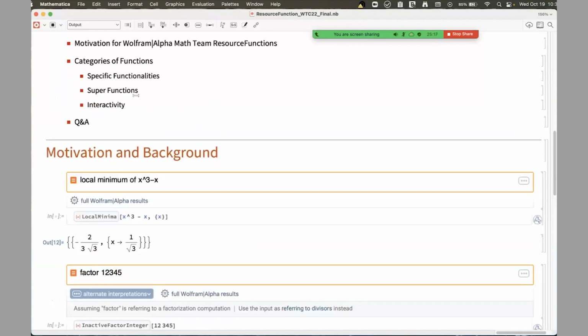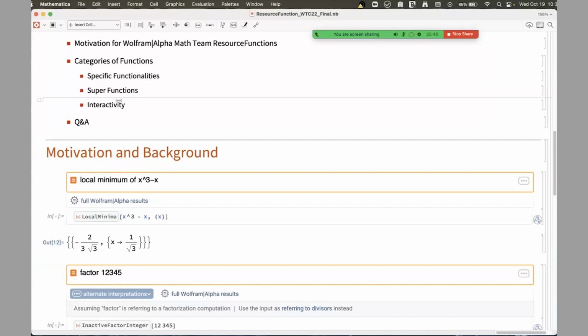So with that, we're going to be talking about the three broad categories of functions that we have. There are functions that are doing a more specific task than something that might be in the kernel does. We have a category called super functions, where there is a task, but there's a whole bunch of different information that you might get out of performing this task or that's related to the task, and we've wrapped those into one function.